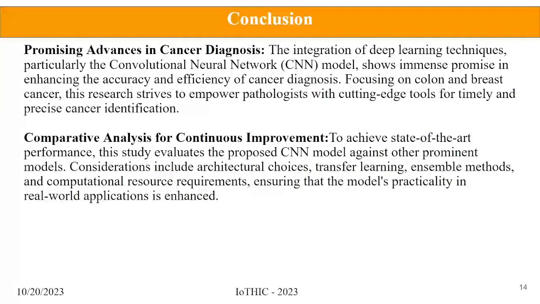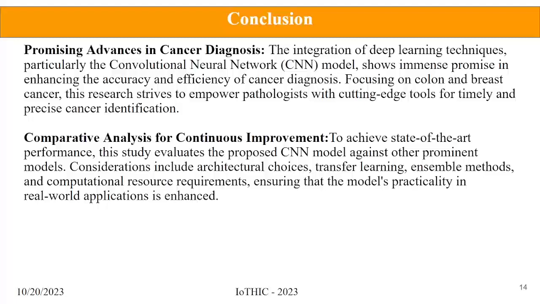And then comes our conclusion. Alright, time to wrap this up. We are making cancer diagnosis a piece of cake with deep learning, especially by using CNNs. Our focus on colon and breast cancer is like having a Sherlock Holmes on the team, helping pathologists make quick and accurate diagnoses.